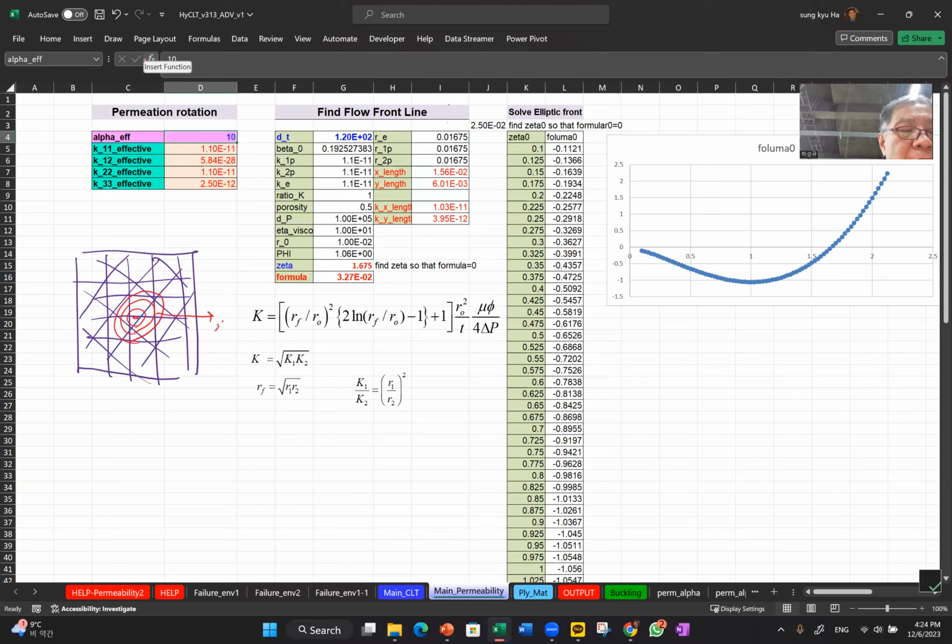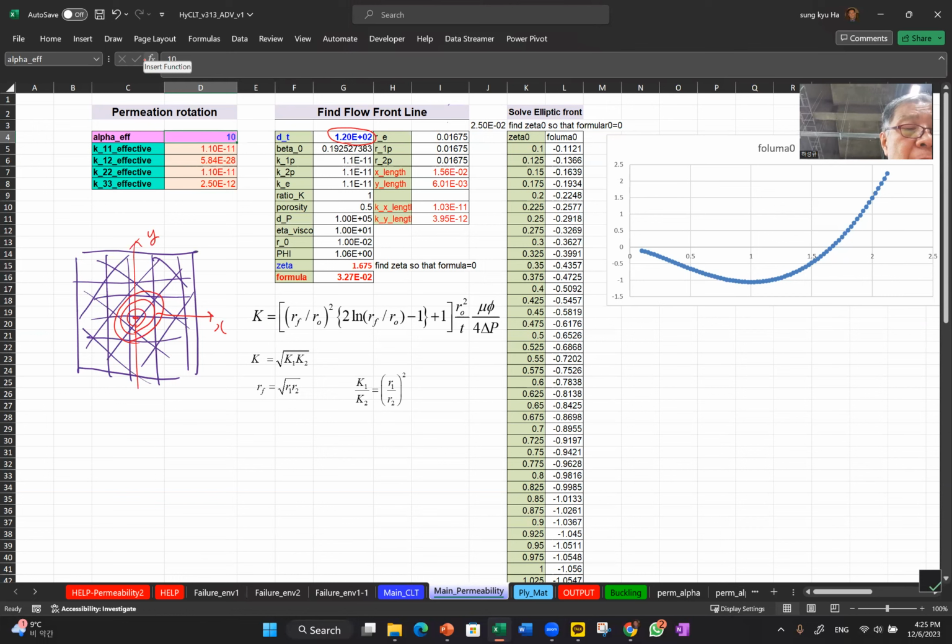This is the x, and this is the y. After, say, 150 seconds, we will have a flow in the x direction and the y direction.